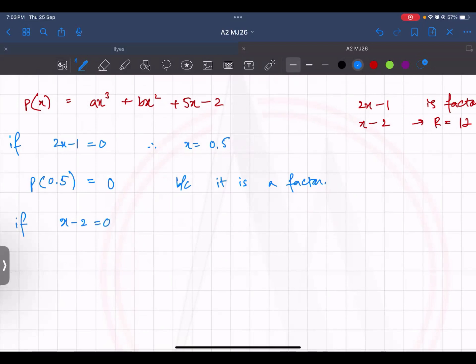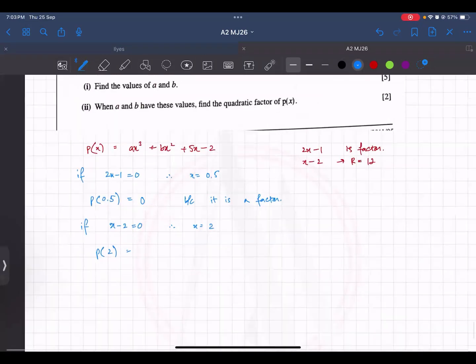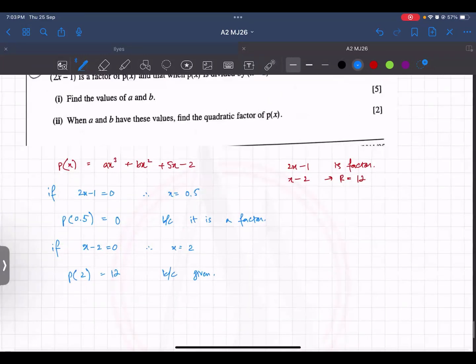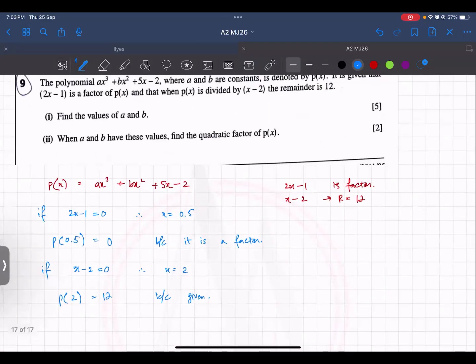And if x minus 2 is equal to 0, so x is equal to 2. If you input the value of x as 2 in your function, you will get the remainder as 12, because they have given that. So you will form these two equations, simplify them, form simultaneous equations and solve them. So this would become 0 is equal to 0.5 cube a plus 0.5 square b plus 0.5 into 5 minus 2.